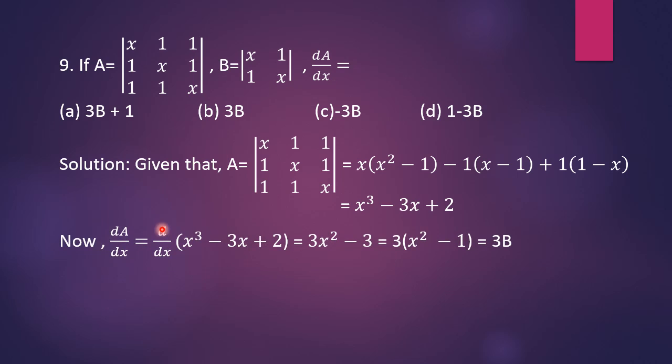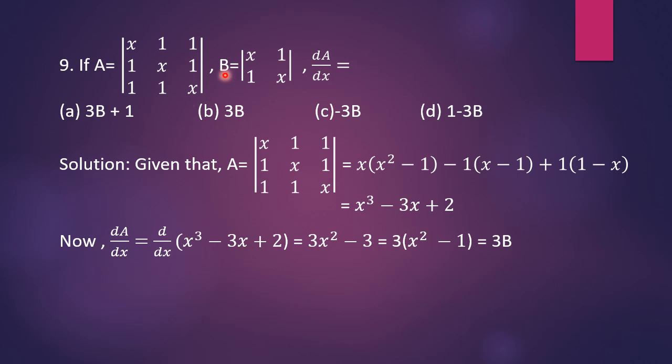That is d by dx of x cube minus 3x plus 2, that is differentiation of x cube is 3x square minus differentiation of 3x is 3. So if I take 3 common here, then x square minus 1, and here x square minus 1.